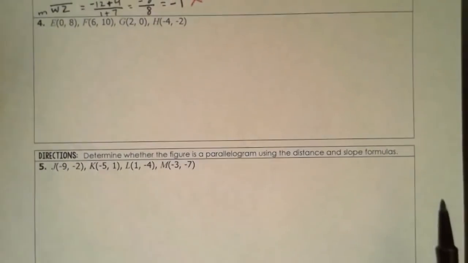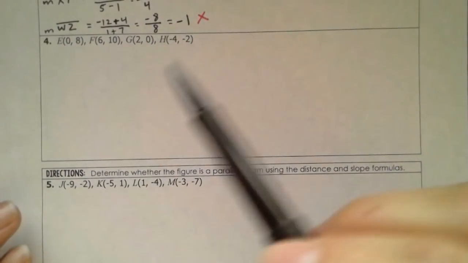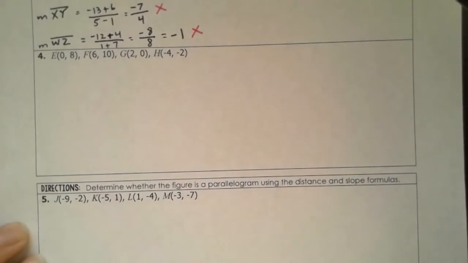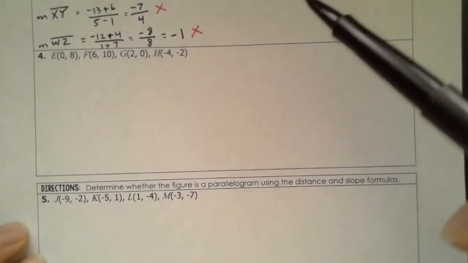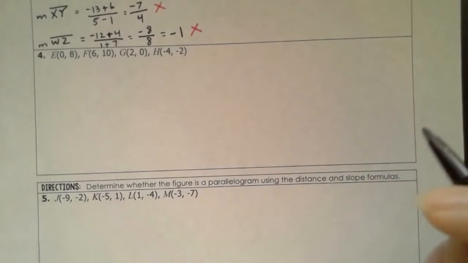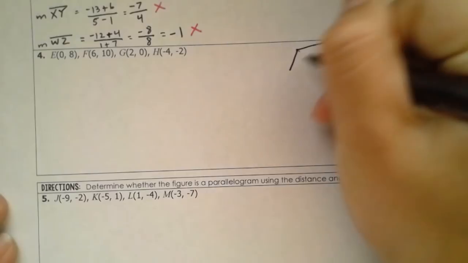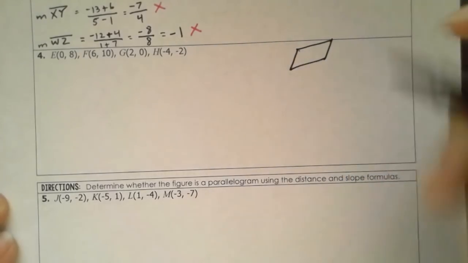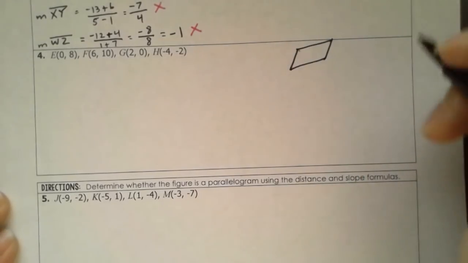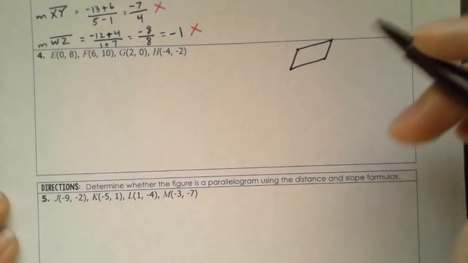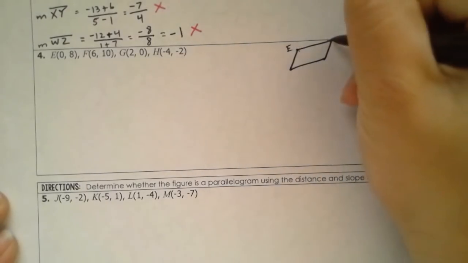Number 4, same idea here. We're going to use slope to figure out if we do have a parallelogram. So here's my arbitrary parallelogram, and we're using EFGH.